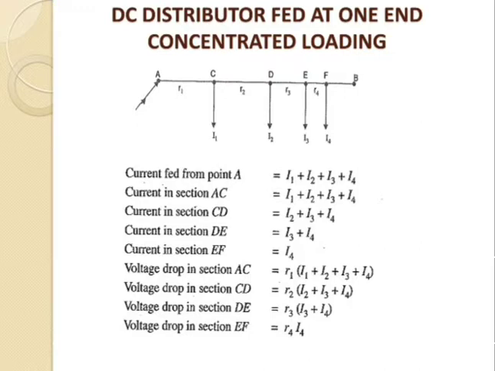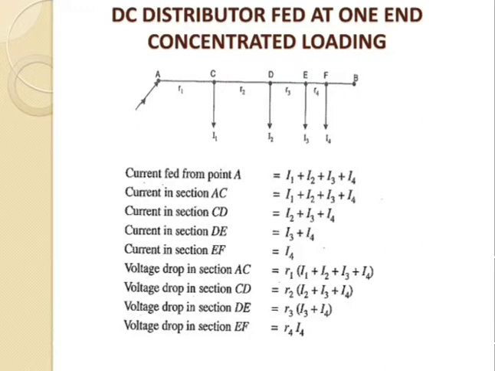The main aim for this DC distributor is to find the current flowing through the individual section, the voltage drop in the individual section, and the potential difference at each individual point.